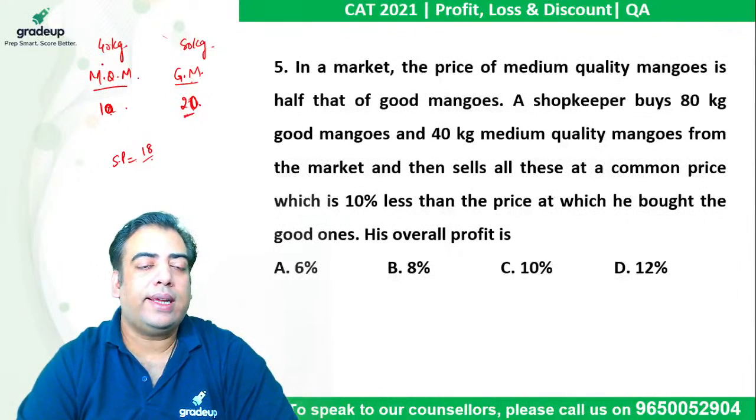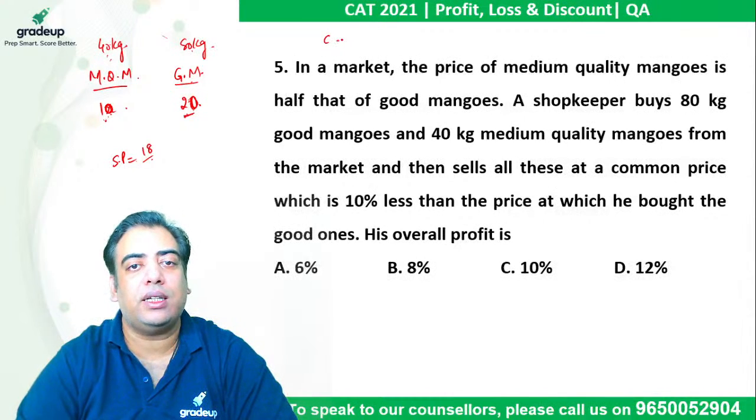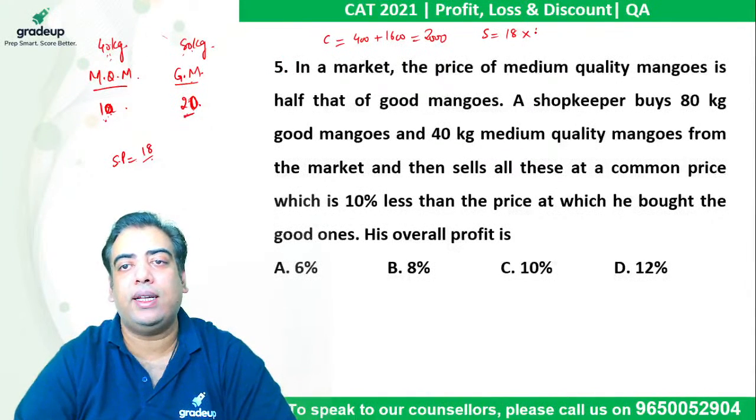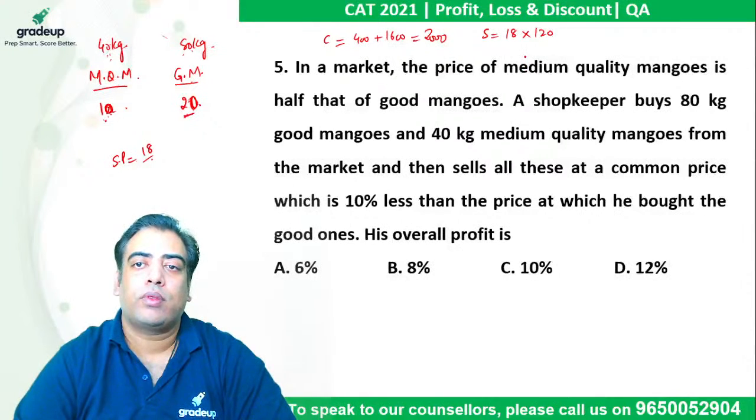So these 40 kg are costing rupee 10 per kg, so the overall cost will be 400. And here overall cost will be 80 times 20, which is 1600, which gives me overall cost as 400 plus 1600, which is 2000. And overall selling price comes out to be 18 times 40 plus 80, which is 120 kg is to be sold, right?